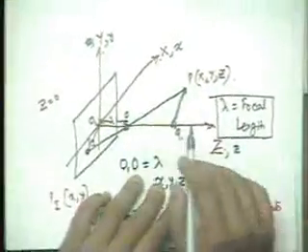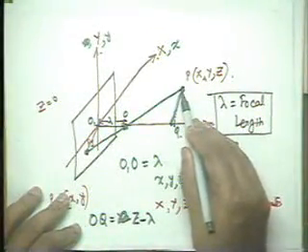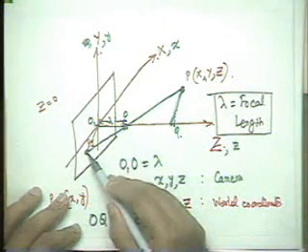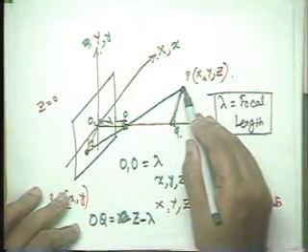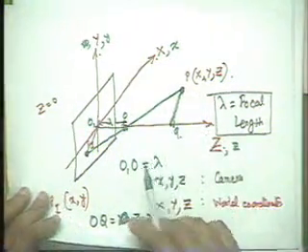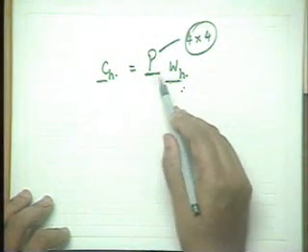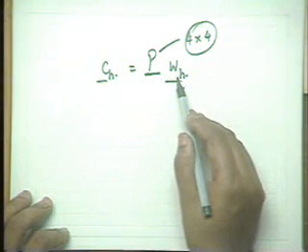Perspective transformation means from the world point P, I am getting the image point Pi. Image point Pi will be the transformed point. The world point P will be the original point.